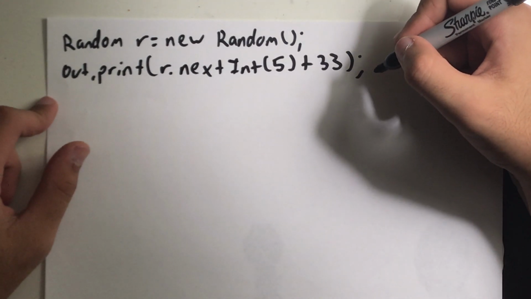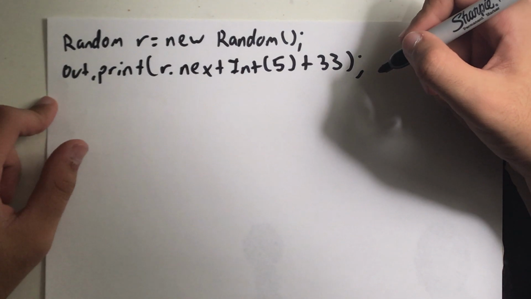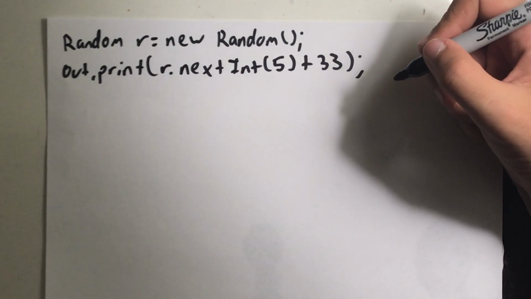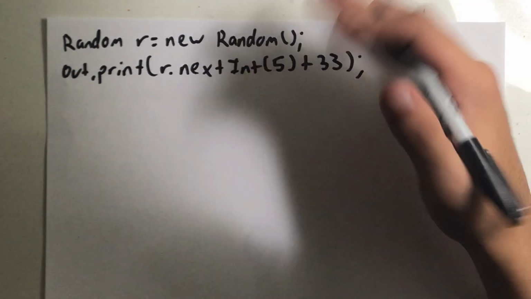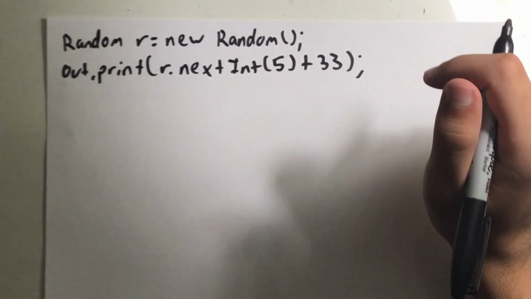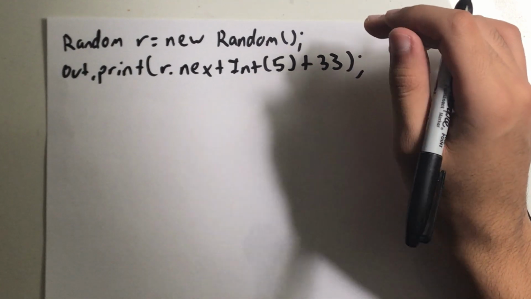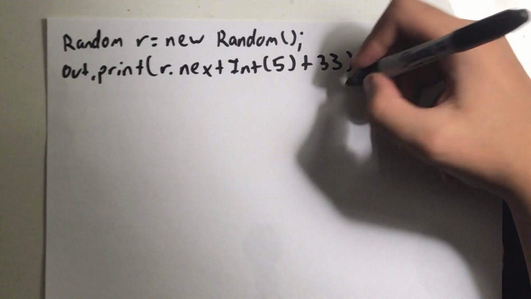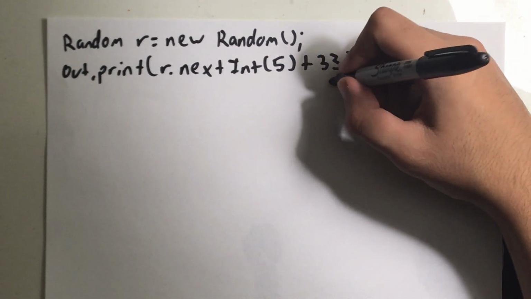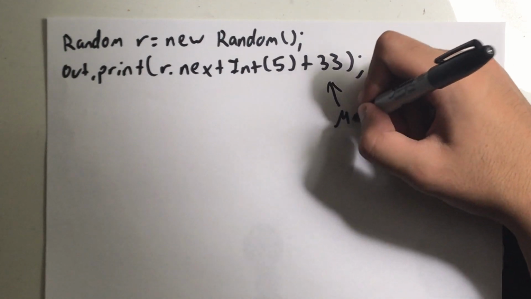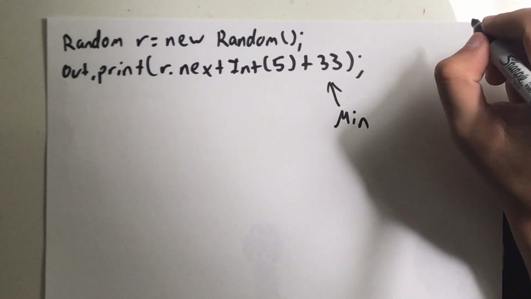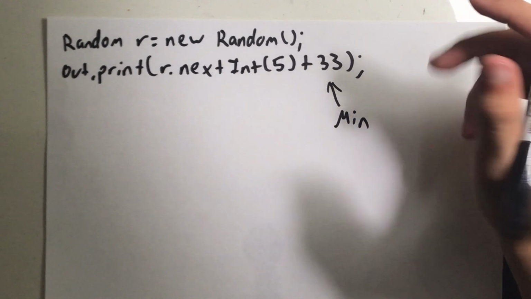That's it. So the question might ask which one of these numbers is not part of the interval. That's a common question for that. To answer the question, it's pretty simple. This number, the plus 33, is your min, the lowest value in that interval.